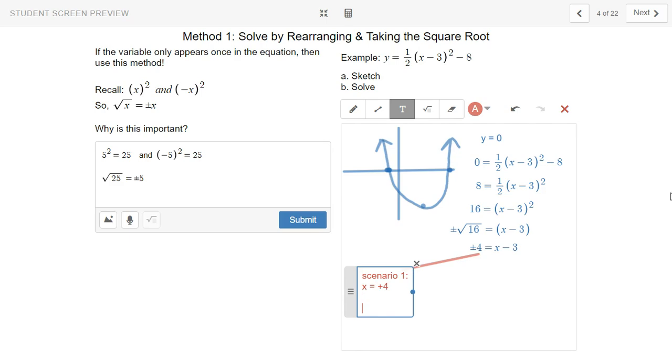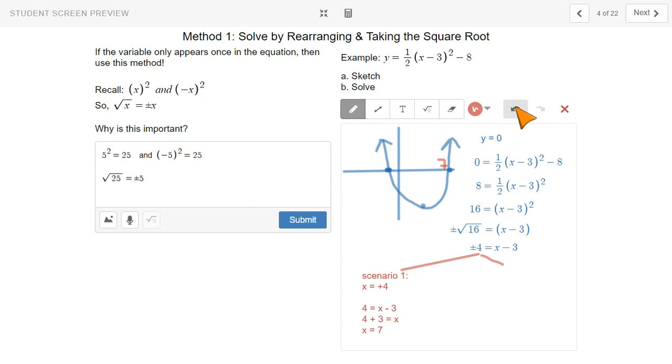So if x is equal to positive 4, we have 4 is equal to x minus 3. 4 plus 3 is equal to x, and x is equal to 7. We know that one x-intercept happens when x is 7.